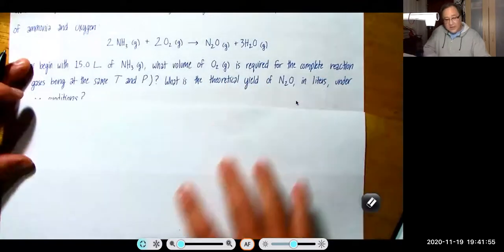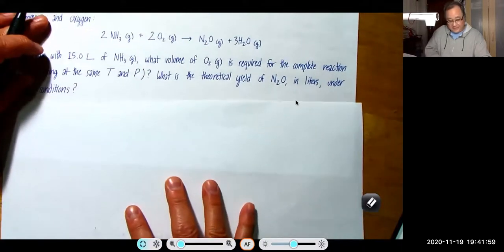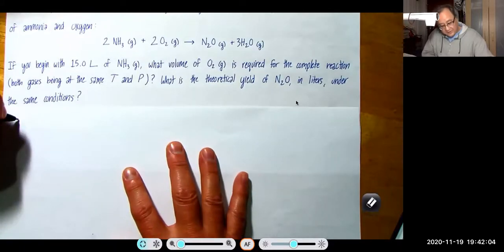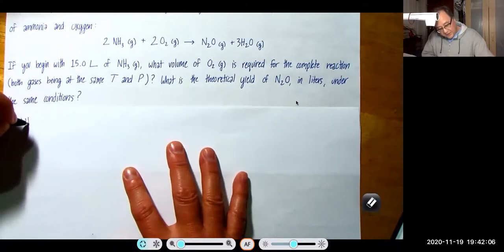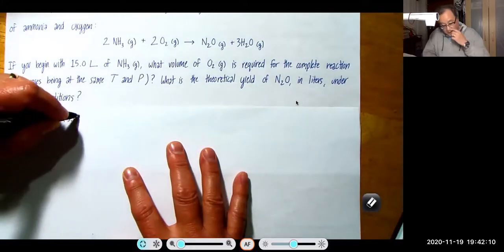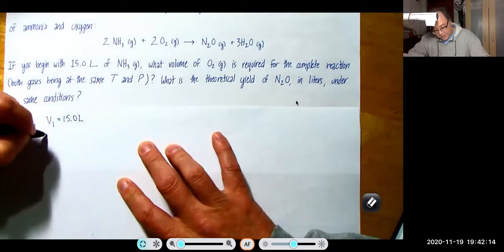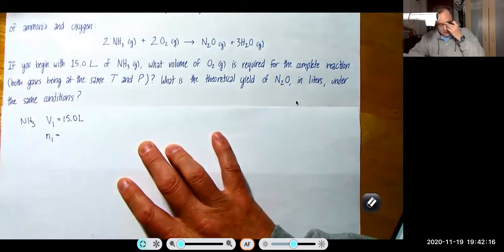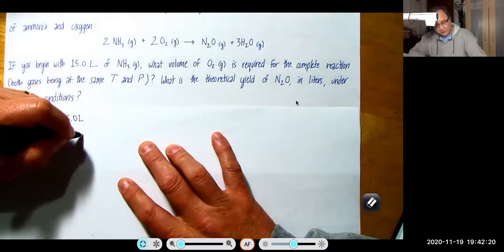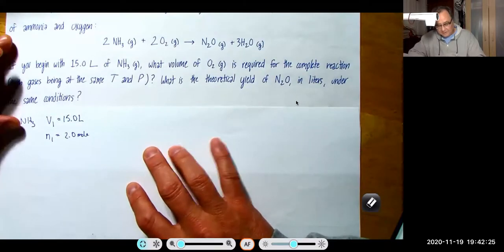Let's take a look at what they had intended for you to do, which is really kind of hard work. We would do this for the NH3. V1 is equal to 15.0 liters, and N1 is equal to 2.0 moles, because we're taking that from the equation.